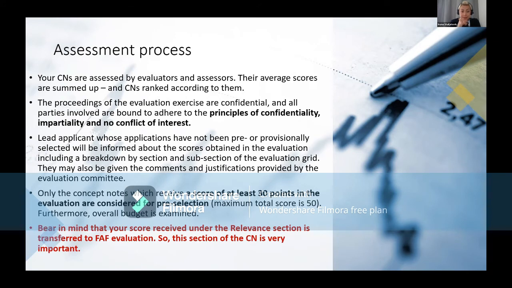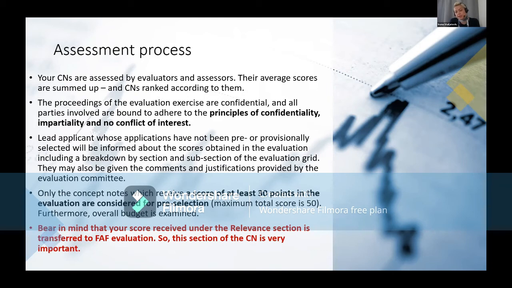Okay, you should bear in mind what is very important: the score that you receive under the relevance of the action section is transferred to the full application evaluation. This section of the concept note is very important, but the description of the action is also very important, because you need to gain at least 30 points to be even considered for the second step.